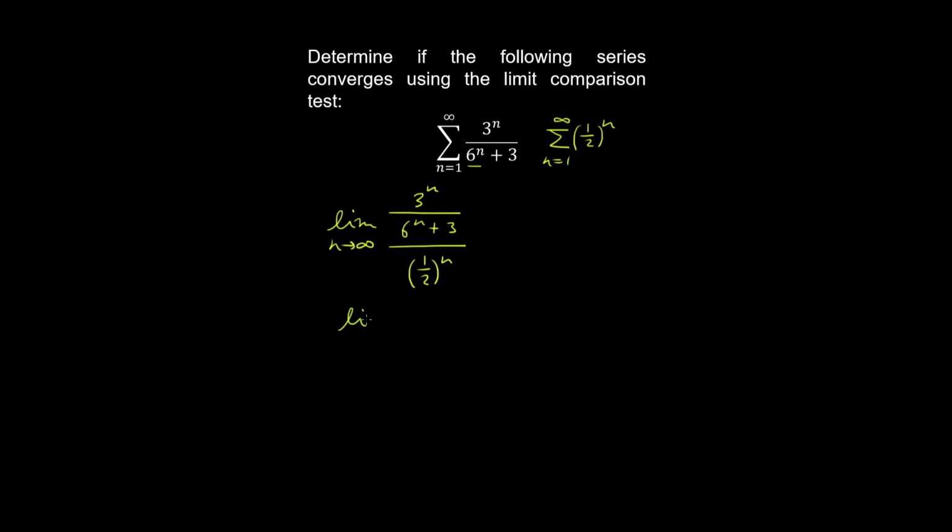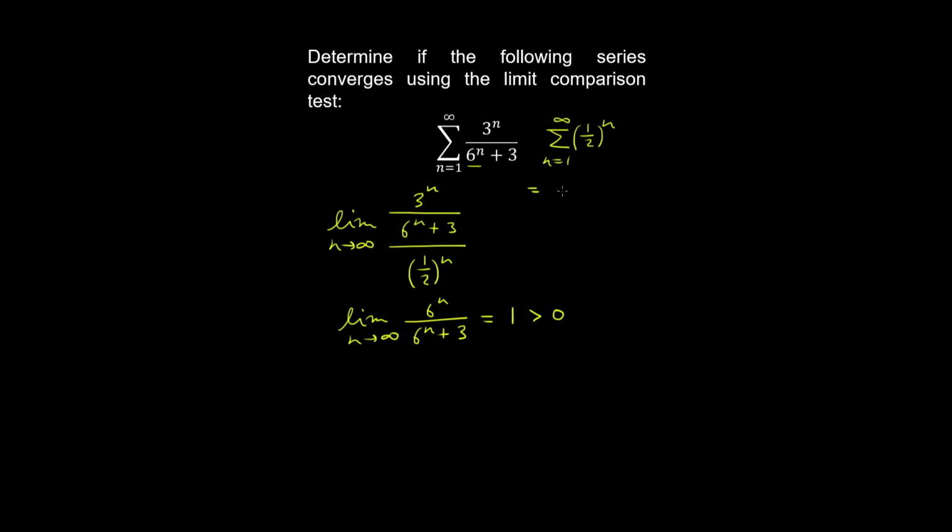And doing a bit of algebra, this simplifies as follows. And therefore this limit evaluates to 1, which is a finite number greater than 0, so both series either converge or diverge.